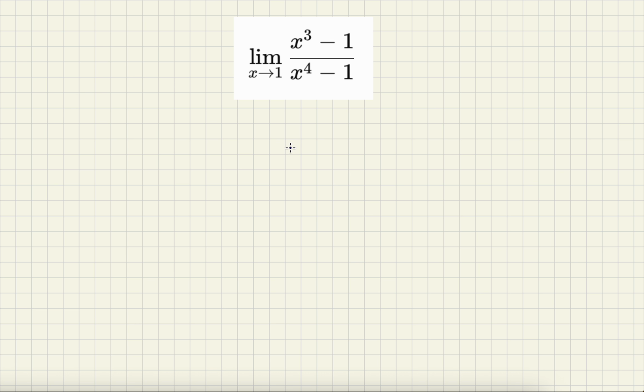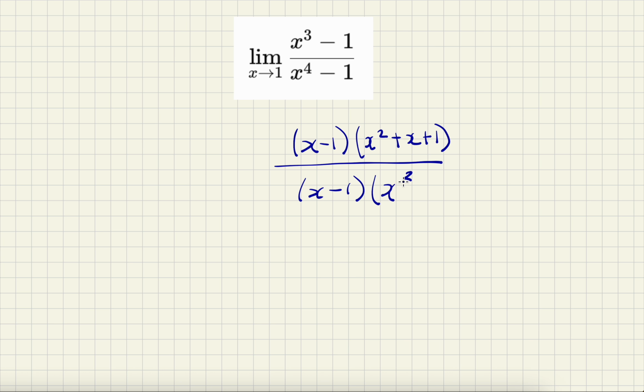We can use the same identity, a cubed minus b cubed, for the numerator. And you can rewrite this as (x minus 1) times (x squared plus x plus 1), the whole over (x minus 1) times (x cubed plus 1).